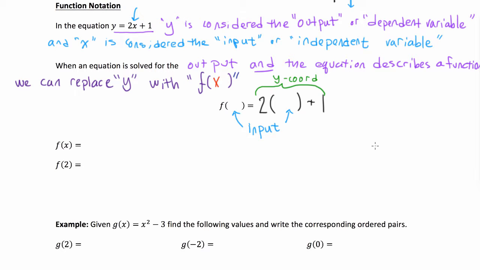So let's see what this looks like. For my equation up here, y equals 2x plus 1, f of x is going to be 2 times that input plus 1. If I'm just writing f of x, then my input is just x.